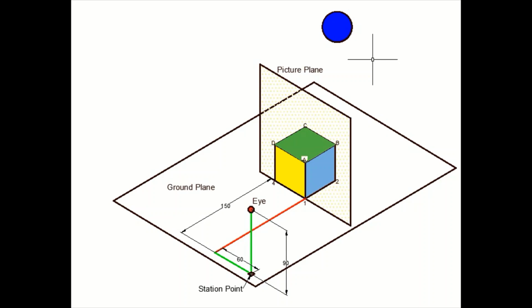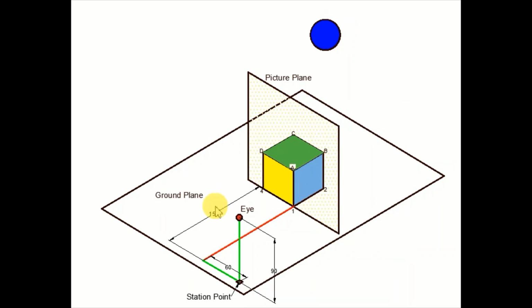You will see the top view of the given object, the green colored face, and you will be able to see this observer as a point as per these given distances here. So this complete scene will be available to the observer at this location like this.